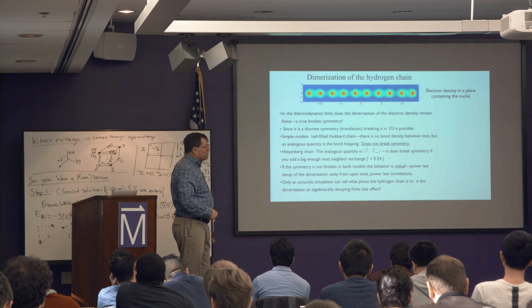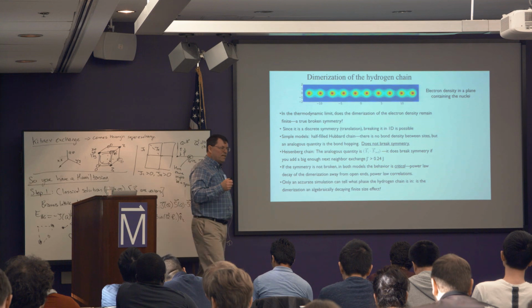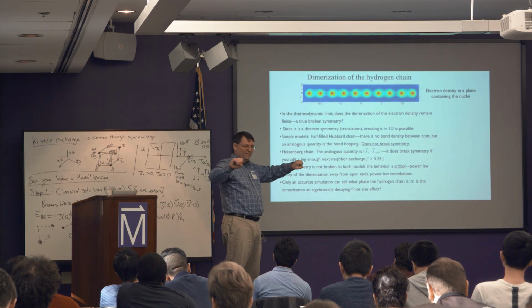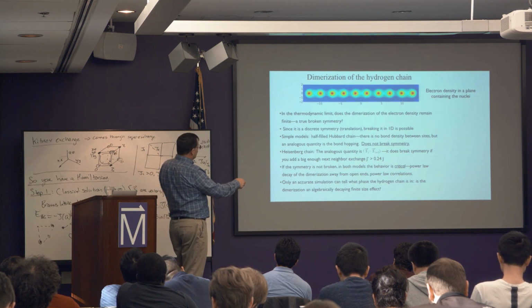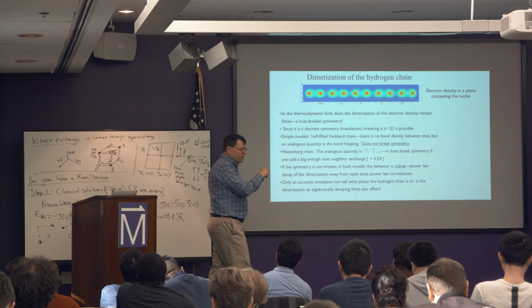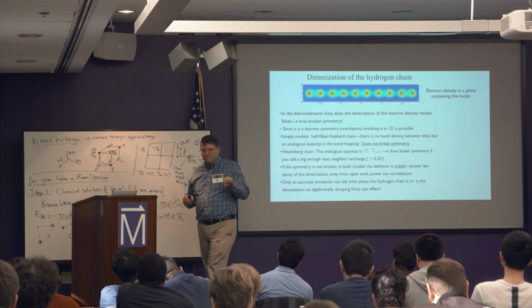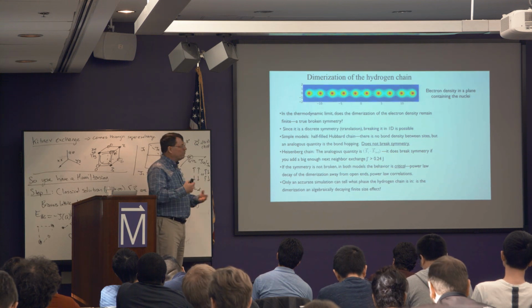Okay. So we can actually do some physics with this, and it's an interesting problem. It's not an experimental problem unless you can build a hydrogen chain. Maybe someone will be able to build one, but it's an interesting physics problem. When you look at this plot, you see this dimerization in the electron density. And the question is, what are the physical properties of that?